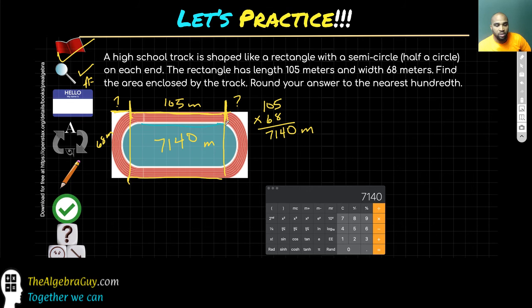But how much are these pieces on the outside? So these little edges here. Well, these are two semicircles. If we put those together mentally, we'll know it's one whole circle. And to find the area of a circle, area equals pi r squared. What do we have to find area from this problem? If you look carefully, you'll realize that they gave us the diameter of 68.